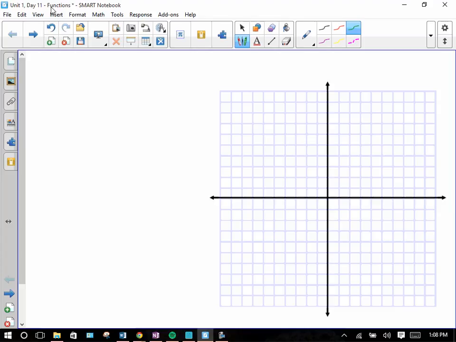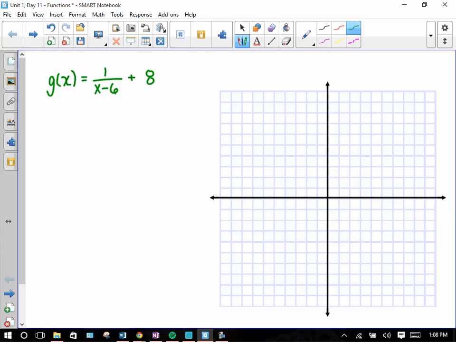Is it 13? Yes. g of x equals 1 over x minus 6 plus 8.